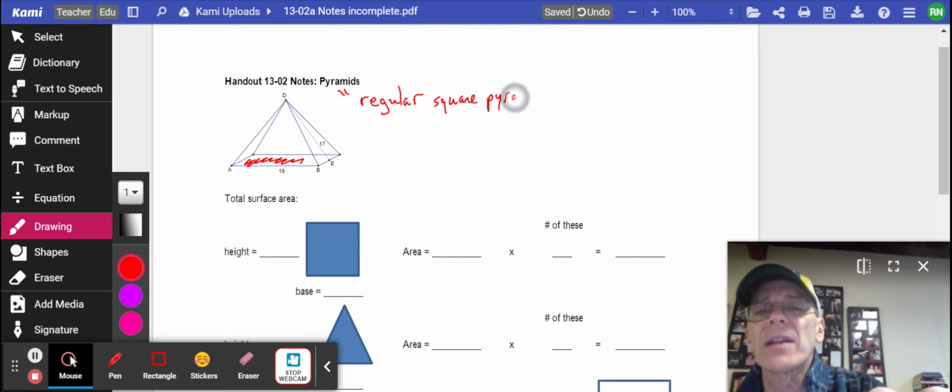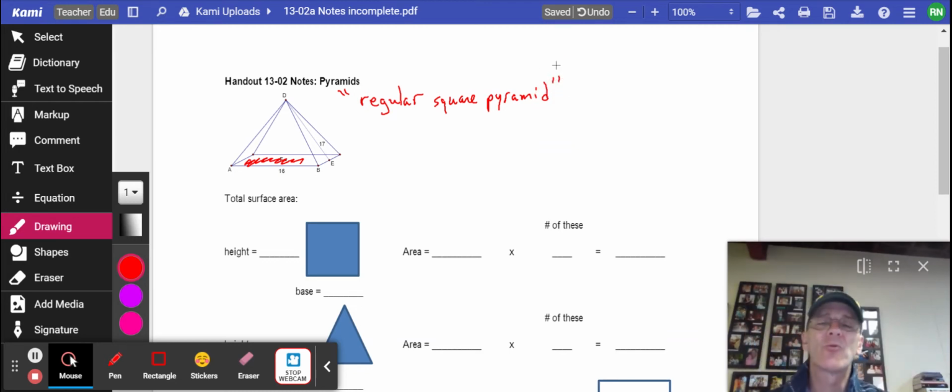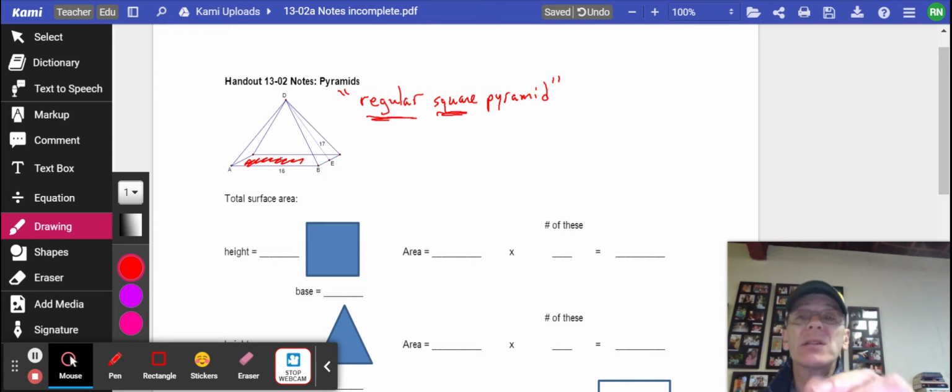Again, it doesn't say that. It really should. That's why I'm writing it in. Okay? A regular square pyramid. The word square means that the base is a square. The word regular, you recall that word regular means sameness. And what that means is that all of the triangular faces around the pyramid are all the same size.